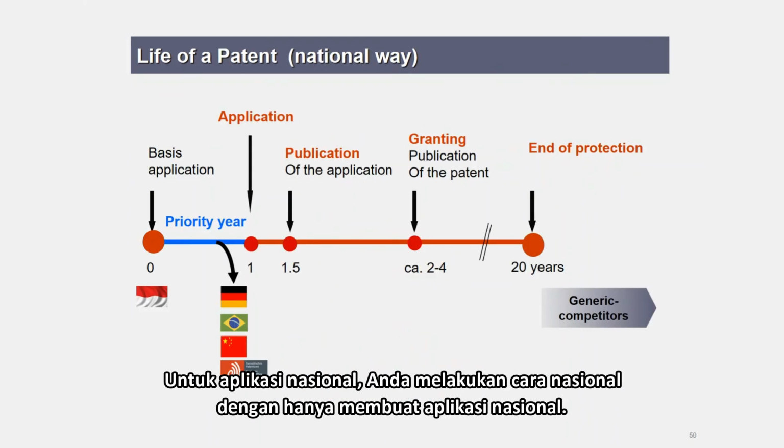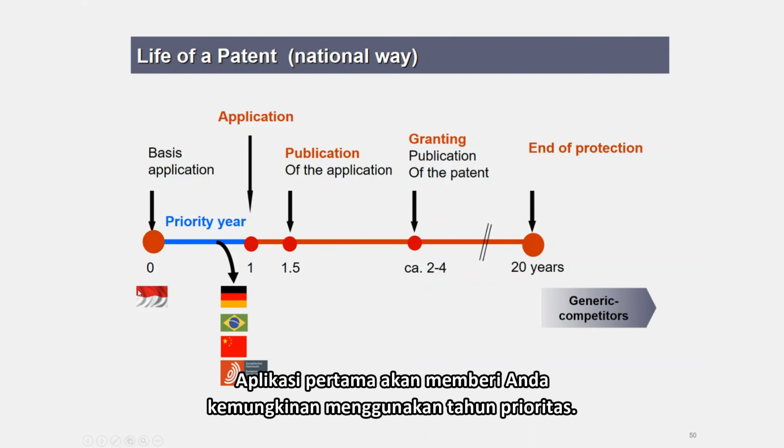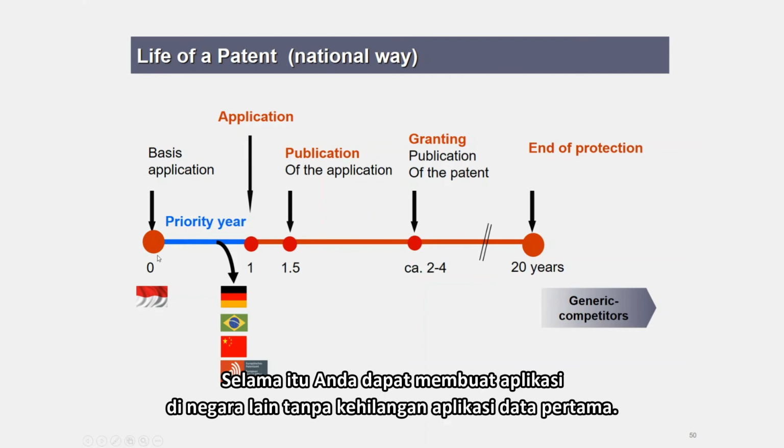So in the case of a national application, you are doing the national way by just making a national application, let's say, for example, here in Indonesia. The very first application gives you the possibility of using the priority right, a priority year, during which you can make applications in other countries without losing the very first date of application.